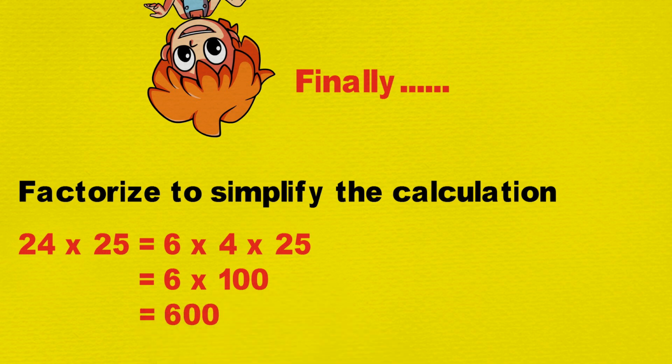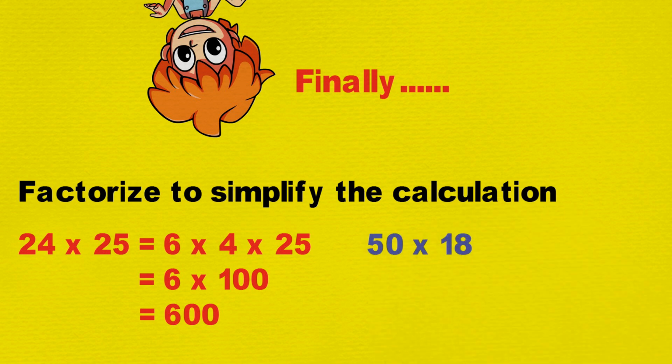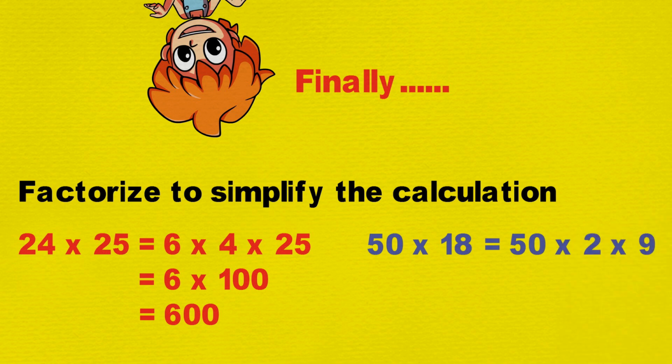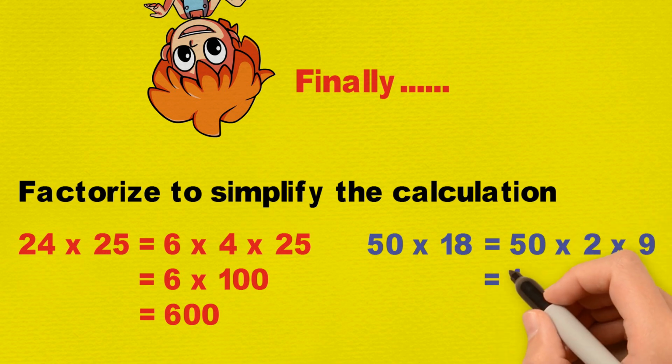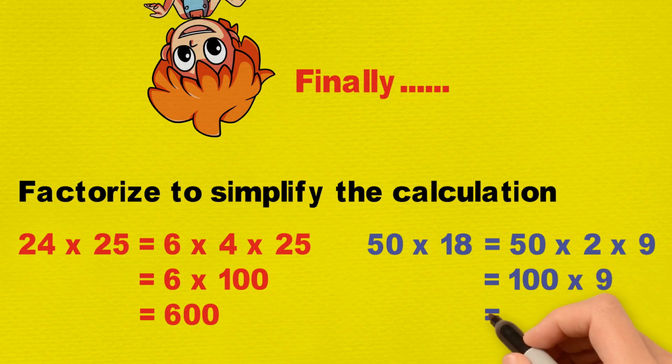Or, for example, 50 times 18 equals 50 times 2 times 9, which equals 100 times 9, which equals 900.